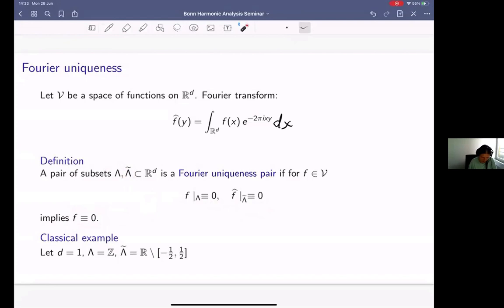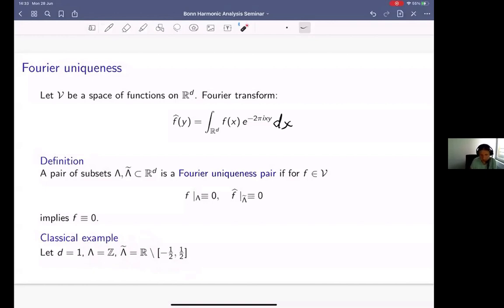And so one classical example of such a Fourier uniqueness pair is the set where we take lambda to be the set of all integer points. And then lambda tilde will be the set of real numbers with the interval minus 1/2 to 1/2 removed.